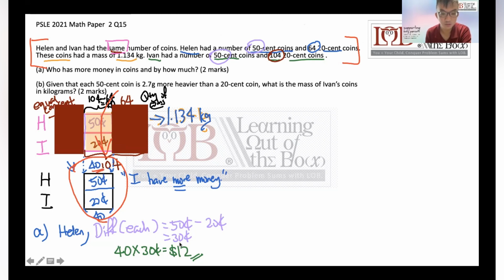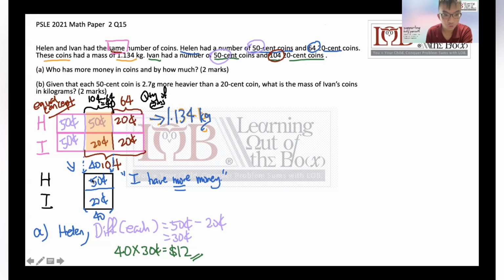Then just take the difference of each, and then you find the difference. In fact, if you have learned grouping, this is like grouping as well.